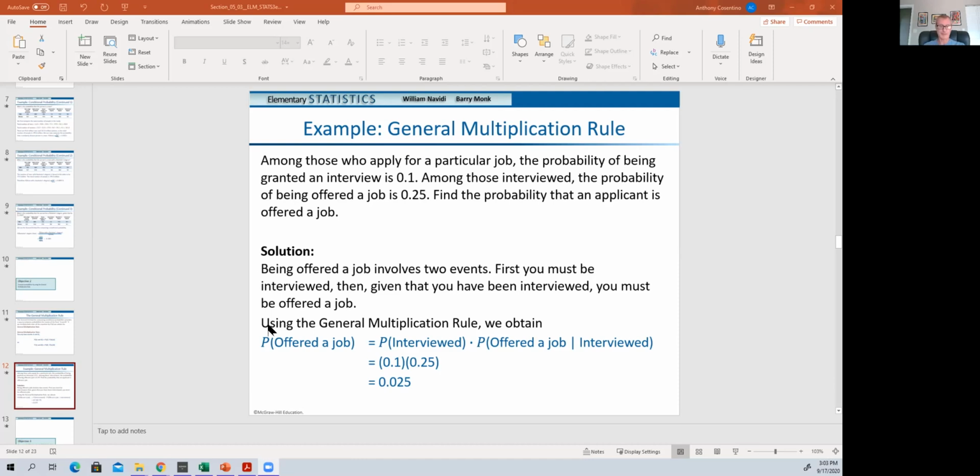So what do we do with that? So the way to think about that, and I'm just going to pull up the whiteboard because the way they calculate it, I think is a little bit confusing. So what is the probability of being offered a job, I'll just call it offered, given an interview?